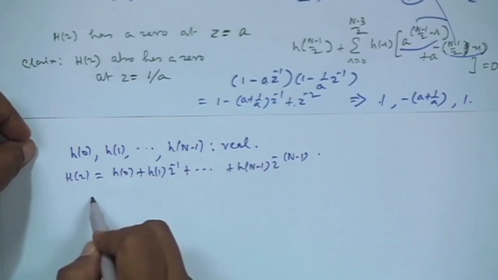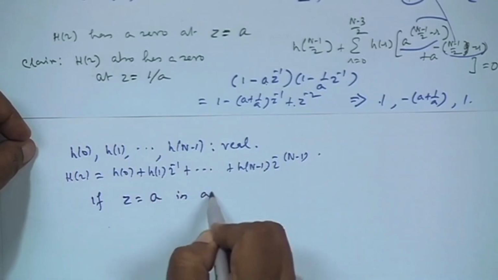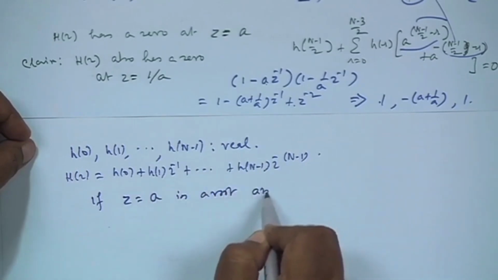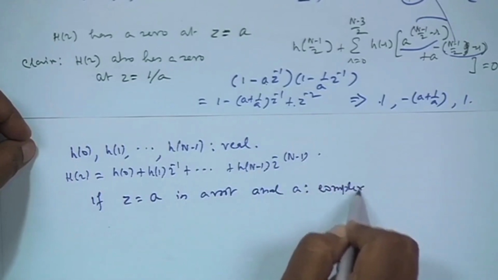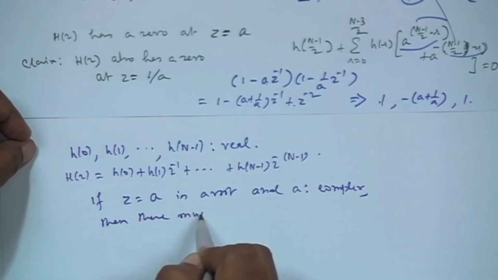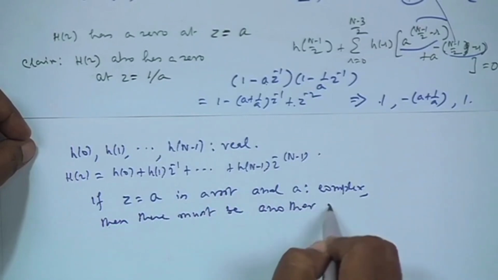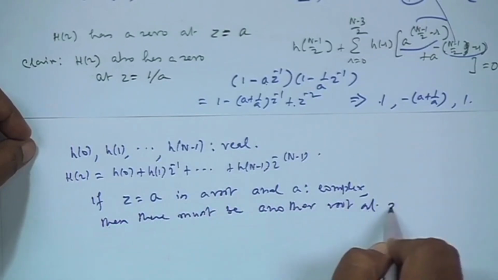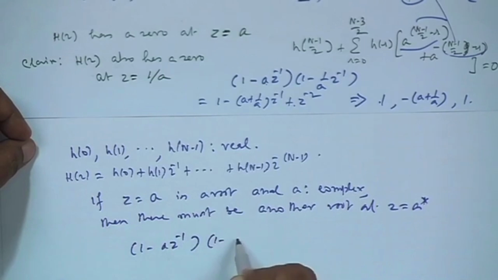Now, if z equal to a is a root and a is complex, then there must be another root at z equal to a star, the conjugate of a, and then you will have the product a z inverse, another is a star z inverse.